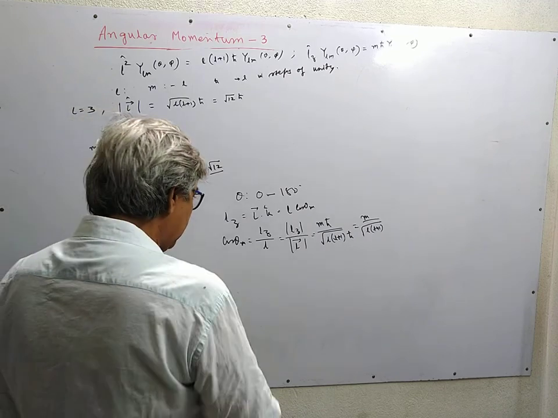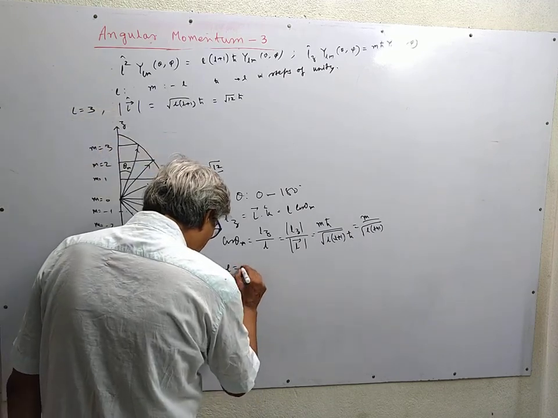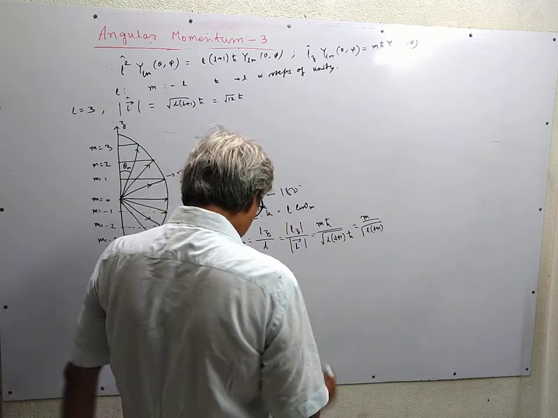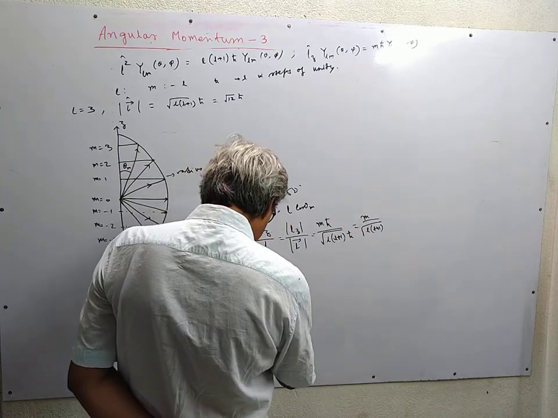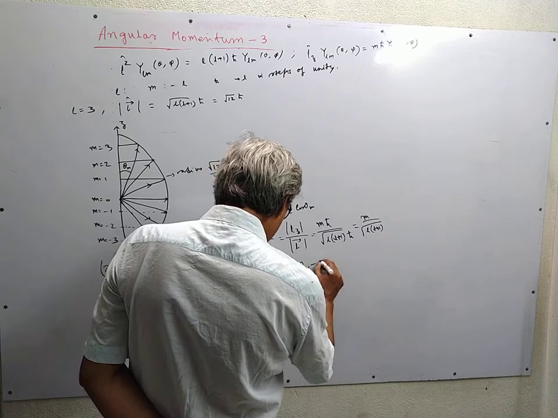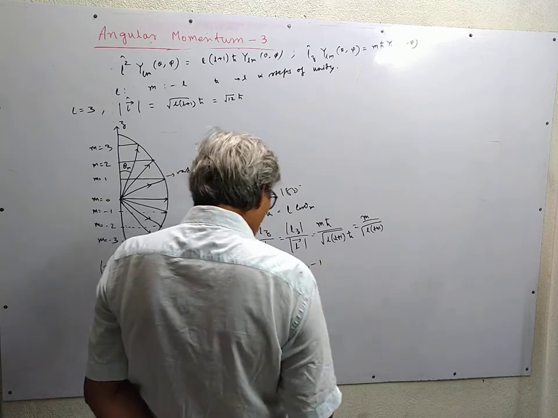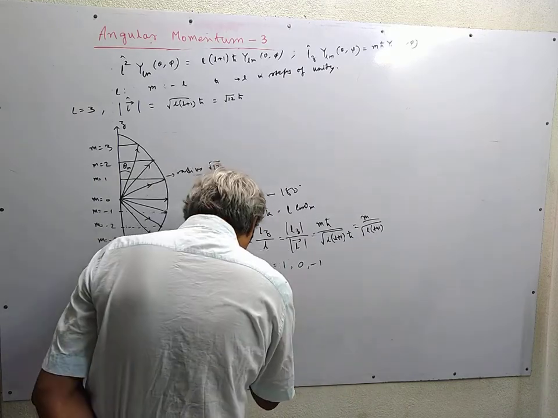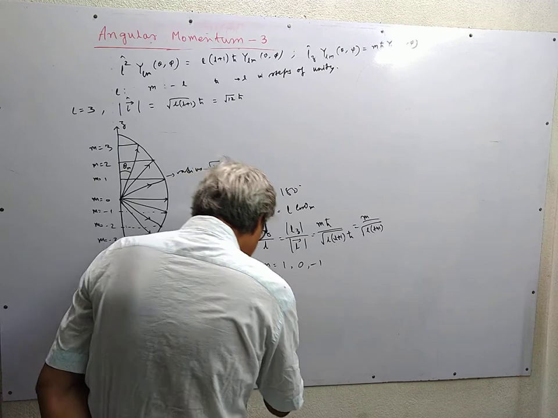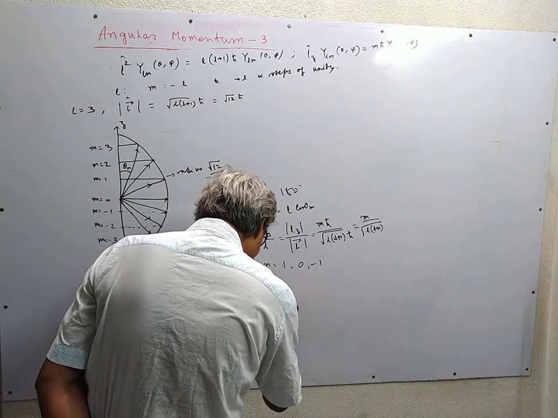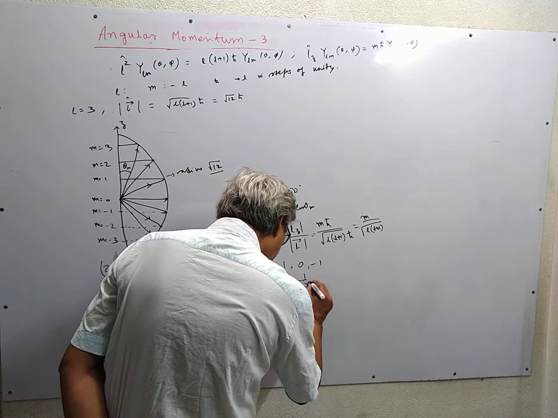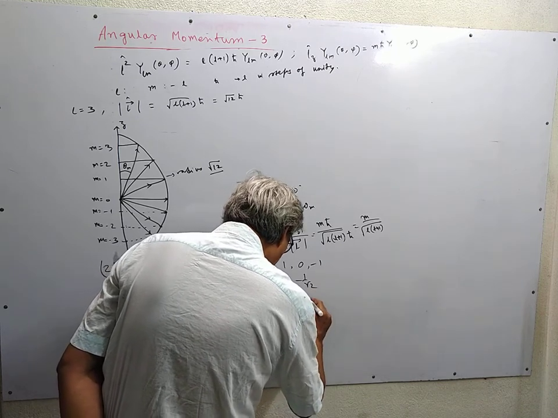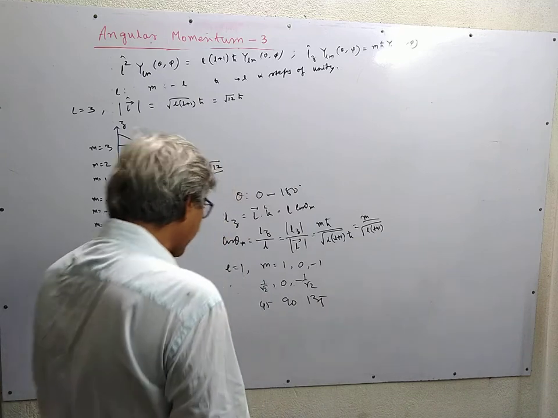If we consider l is equal to 1, then we see that m has 3 values: 1, 0, minus 1. Correspondingly, the cos theta value is 1 by root 2, 0, minus 1 by root 2. They correspond to 45 degree, 90 degree and 135 degree orientations.